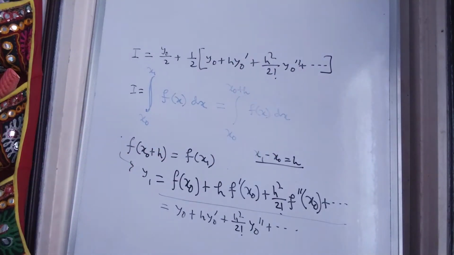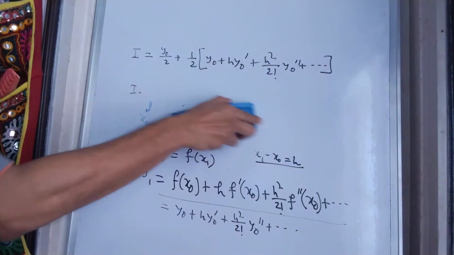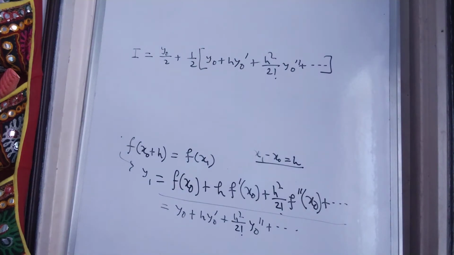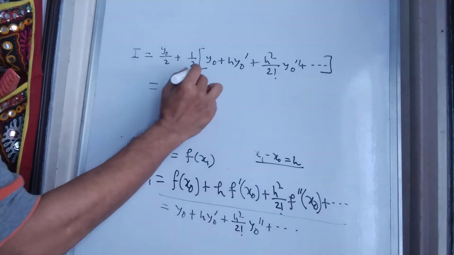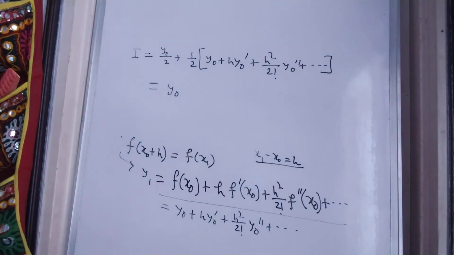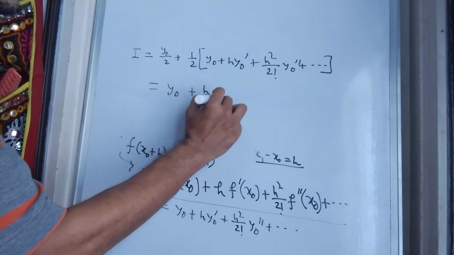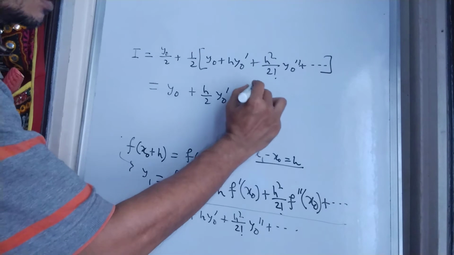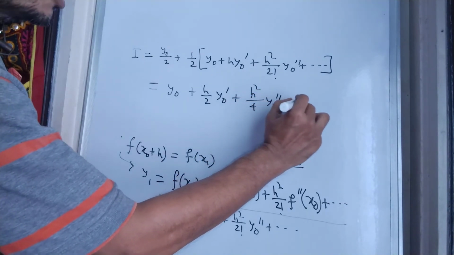And hence the value of this integral according to trapezoidal rule turns out to be y0 by 2 plus y0 by 2 is y0 plus h by 2 y0 prime plus h square by 4 y0 double prime and so on.